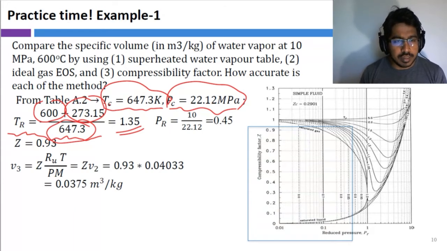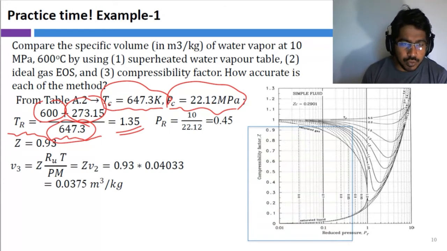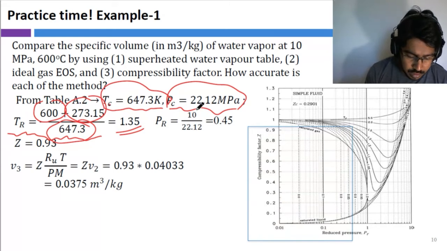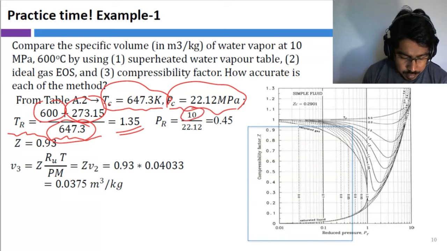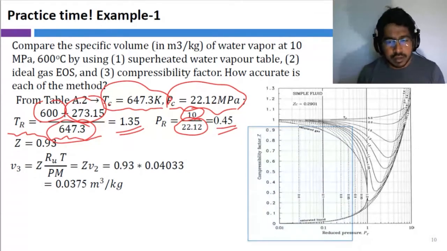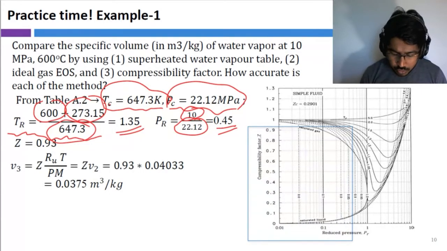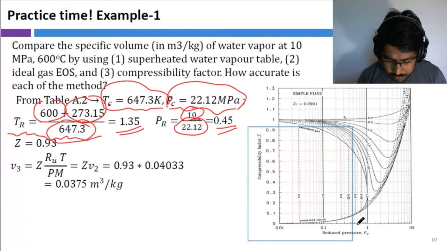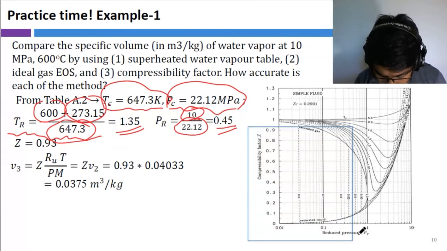as our reduced temperature. And then to find the reduced pressure, 10 megapascals was our pressure and critical pressure was 22.12, and then we come across 0.45 reduced pressure, right? And then we go across here in this table and try to locate our reduced pressure.